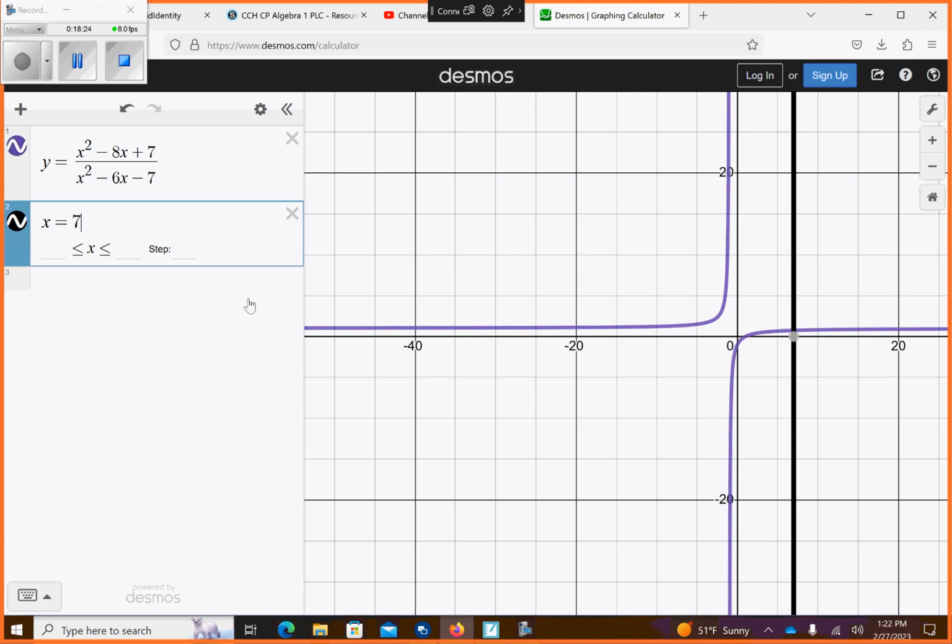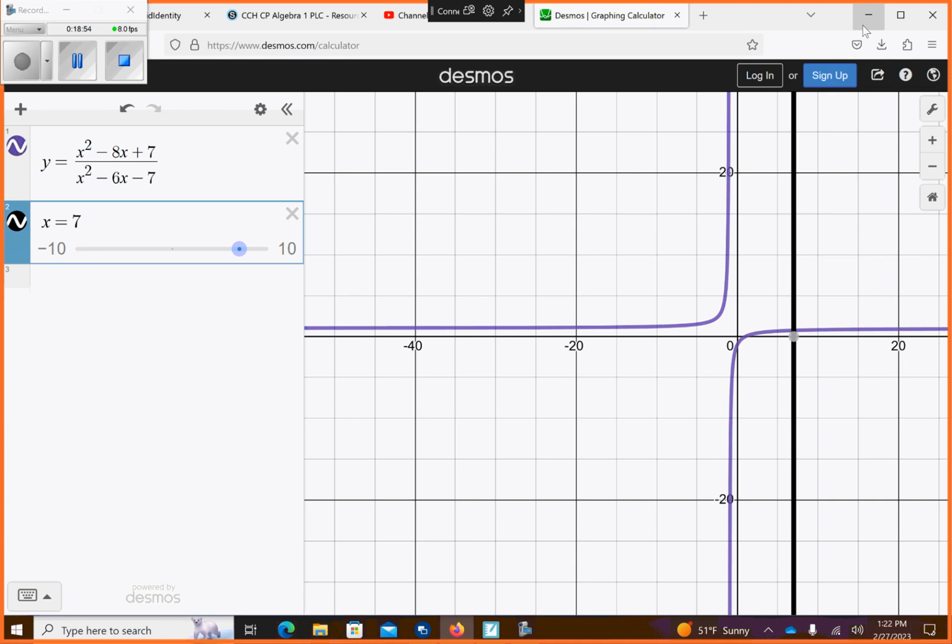Did I get that in there right? Okay. So they're saying that the answer comes out to be 1. If I approach that from the left or to the right, I get to that 1.